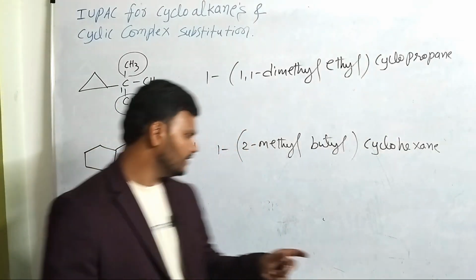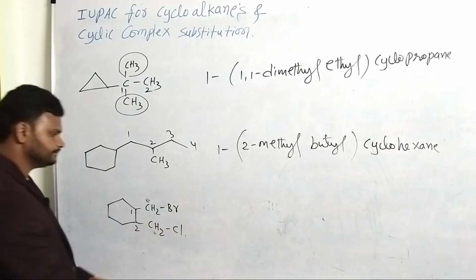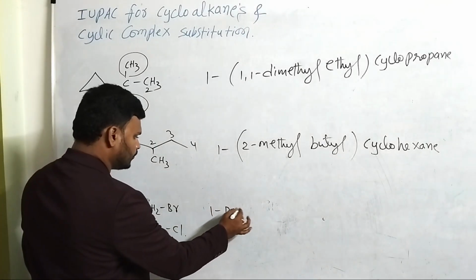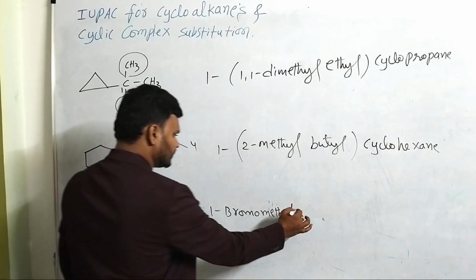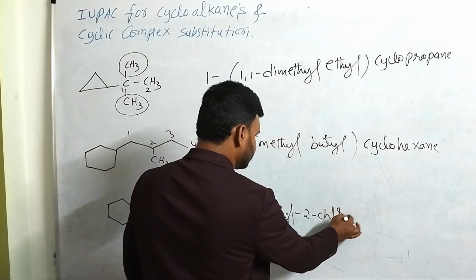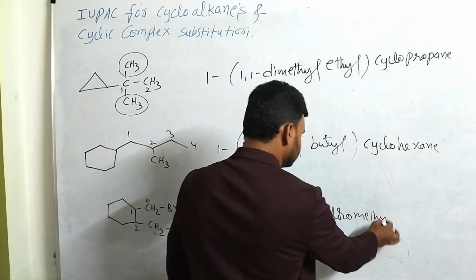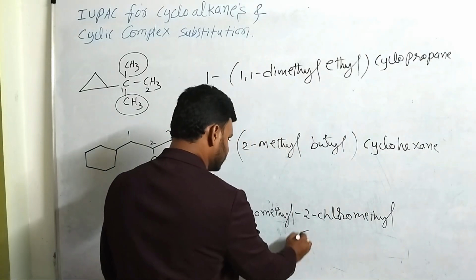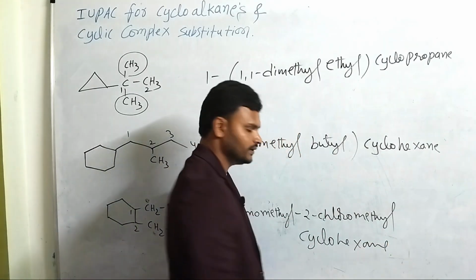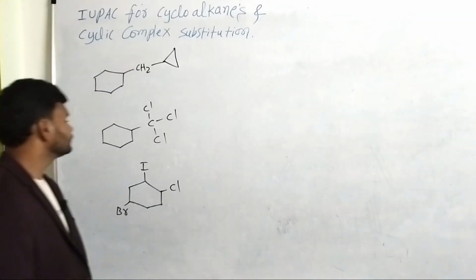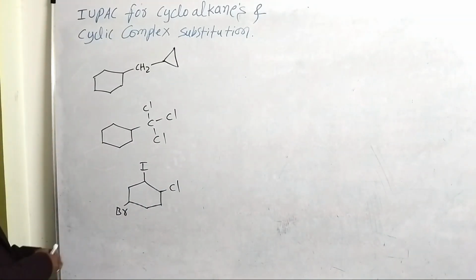According to alphabetical order, first you need to write like this: 1 bromo methyl and 2 chloromethyl, total 6 carbons, cyclohexane.